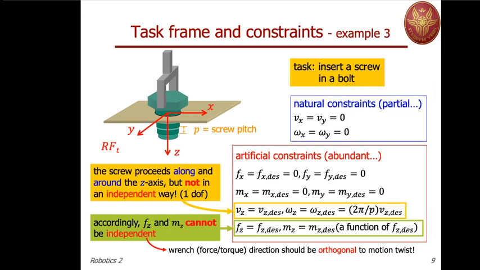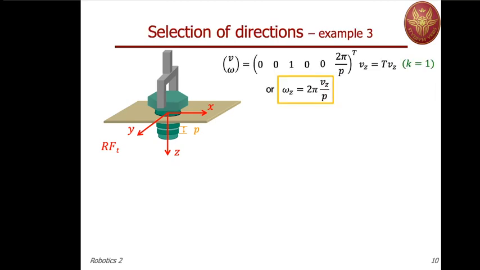In fact, in this case, we will not select directions as columns of the 6 by 6 identity matrix, but we will need to combine linear and angular quantities as intuition says. So, how do we do this?